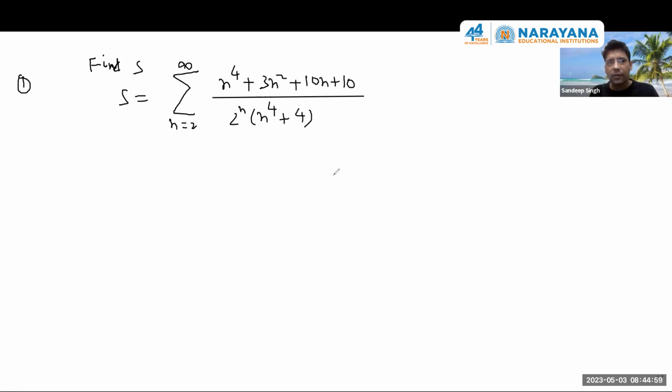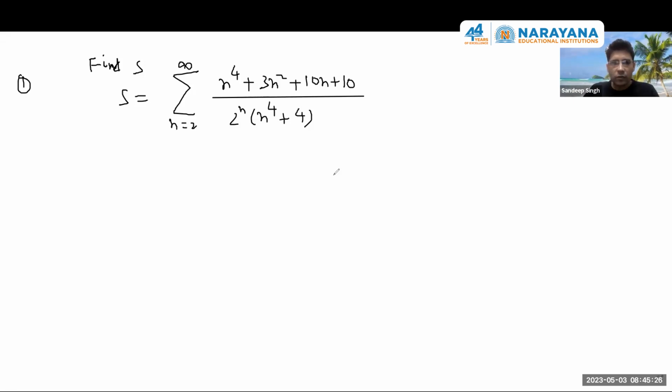And last but not the least, this could also be of the telescopic type, if it can be expressed as V(n+1) minus V(n), the difference of two terms. So in your mind, first of all, you should have a direction, and within 20 or 30 seconds you will know whether this direction is correct or not. So don't jump directly into solving this.